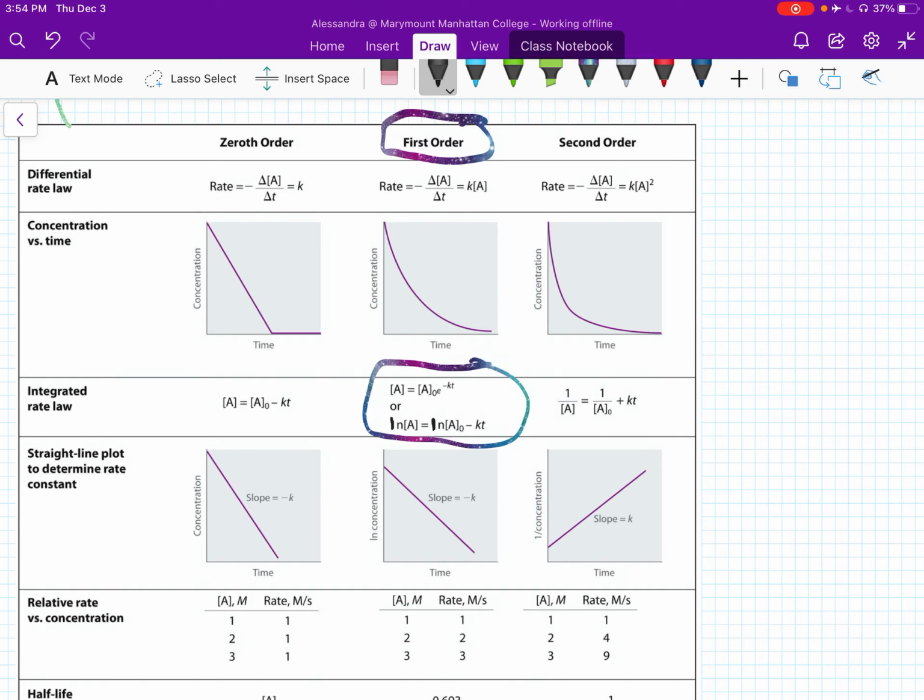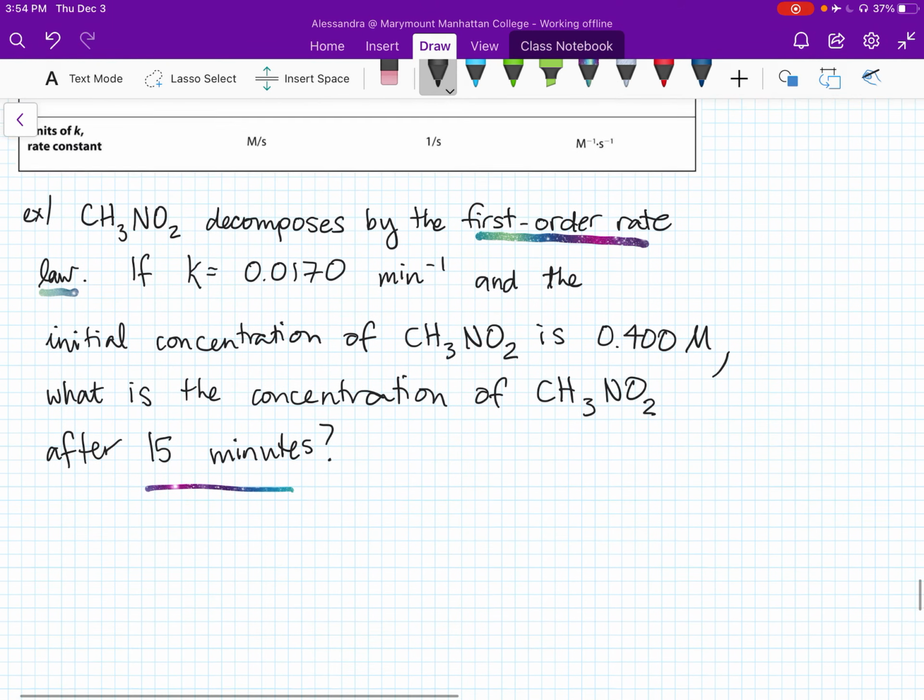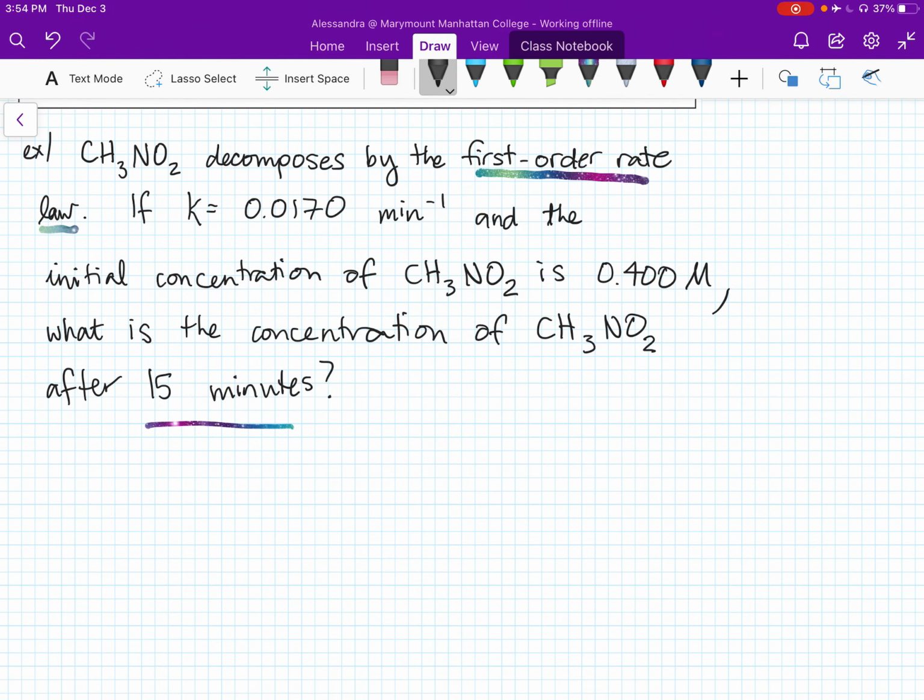So that's natural log. So I'm going to take the form of it that we derived in the previous one using the natural logs. We know that the time t that we want here is 15 minutes because we want to know what the concentration is at time t, 15 minutes.